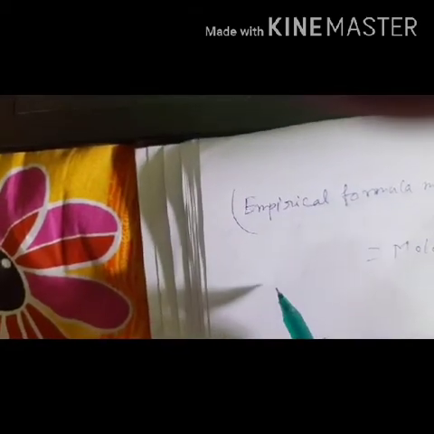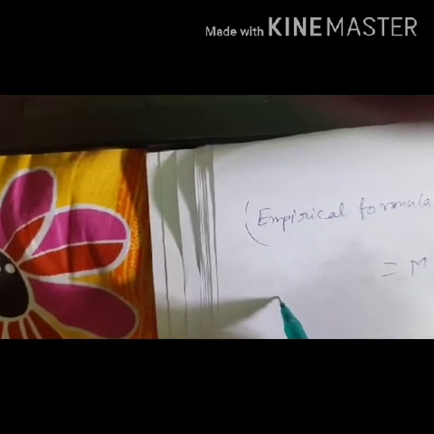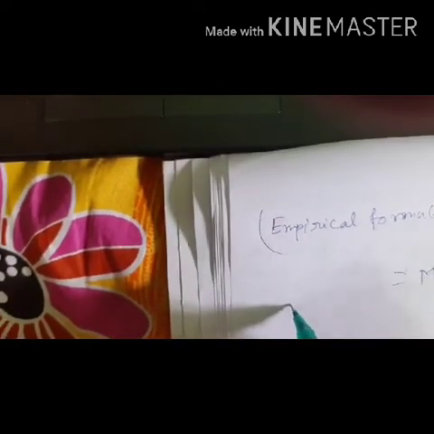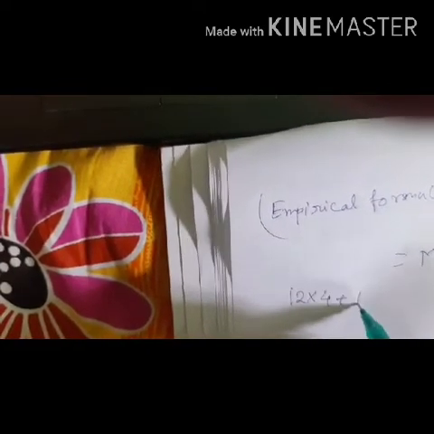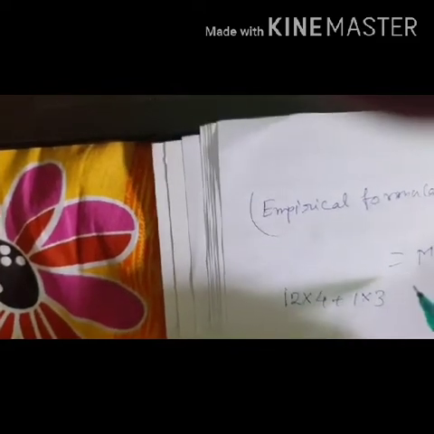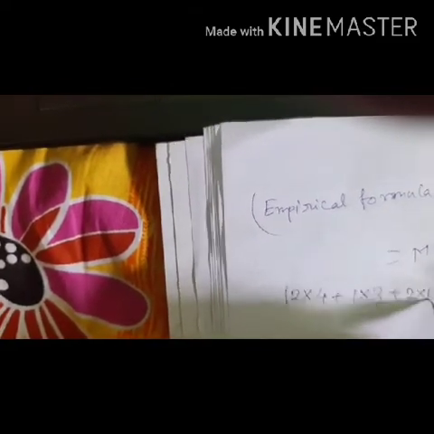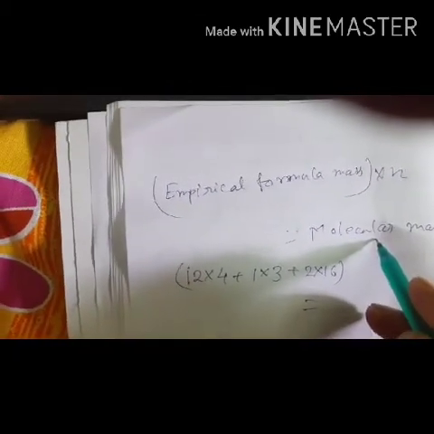Okay, the empirical formula given here is C4H3O2. Empirical formula mass, then what will it be? C4 means carbon 12 into 4 plus hydrogen 1 into 3 plus oxygen 2 into 16. The molecular mass: how can we get it? The information is given, the vapor density is equal to 83.